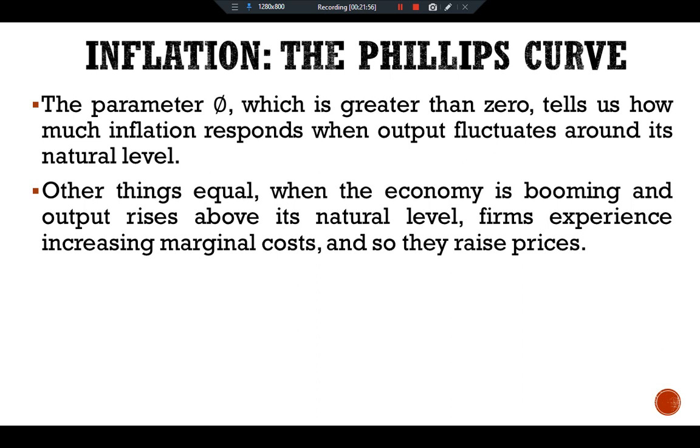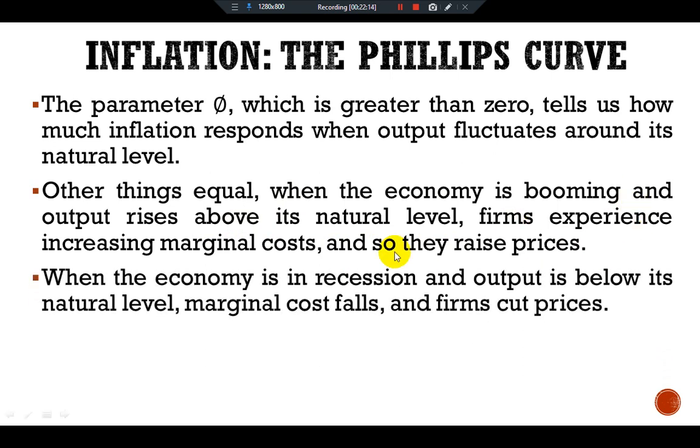Okay, other things equal, when the economy is booming and output rises above its natural level, firms experience increasing marginal costs, and so they raise prices.